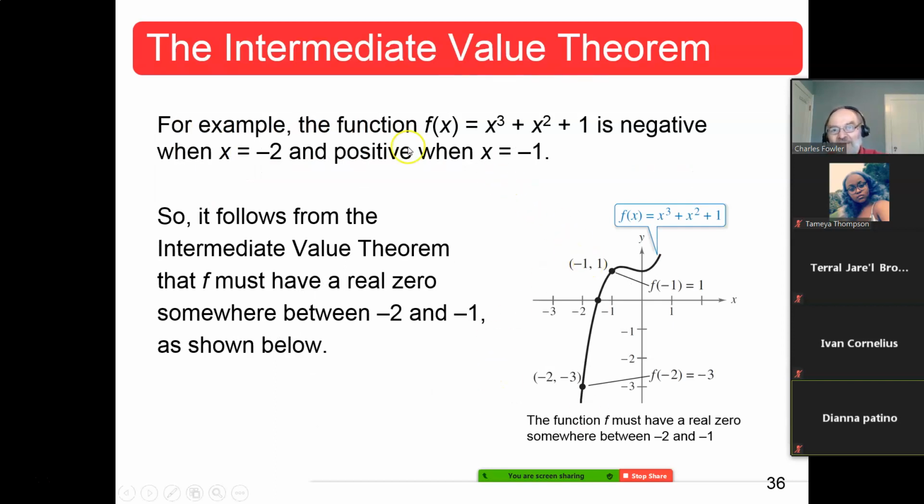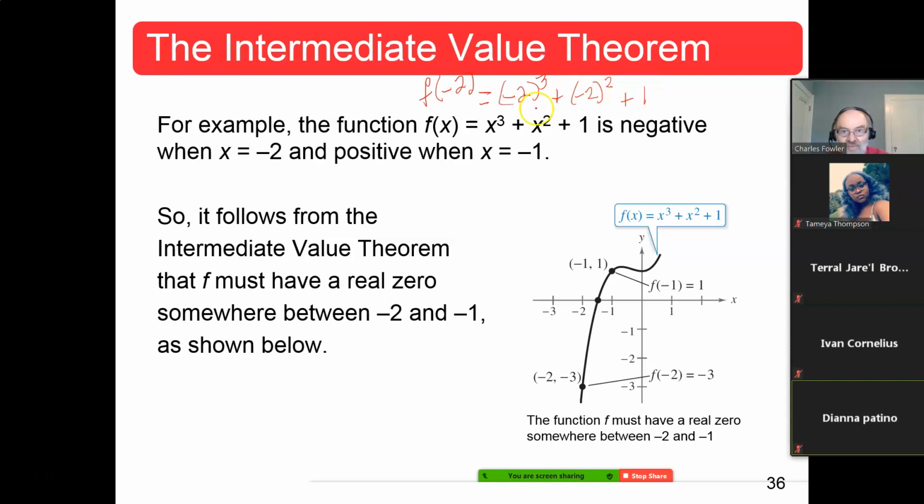Here's an example for the function f of x equals x cubed plus x squared plus 1. They claim that that's negative when x equals negative 2. Well, let's see if that's true. F of negative 2 would be negative 2 cubed plus negative 2 squared plus 1.